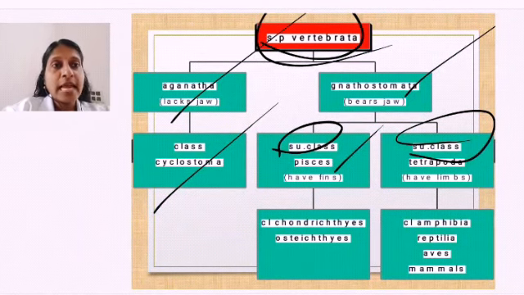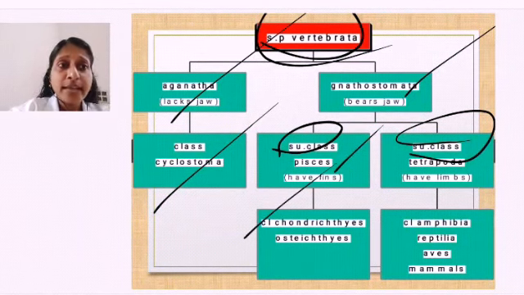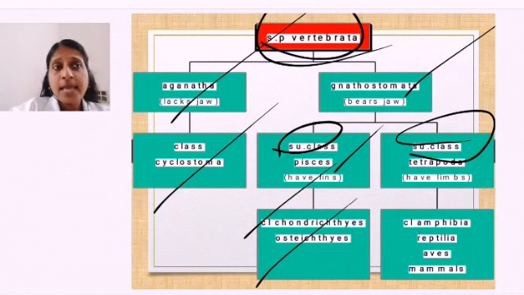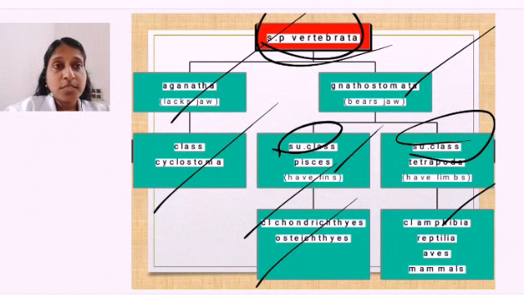Under Pisces you are having two classes, Chondrichthyes and Osteichthyes, and in case of superclass Tetrapoda, you are having Amphibia, Reptilia, Aves and Mammalia, which are again classes.